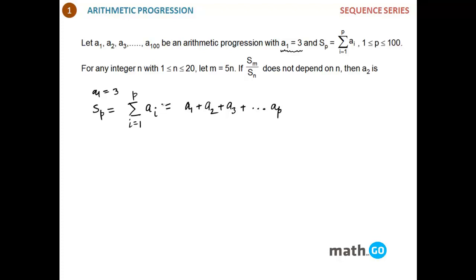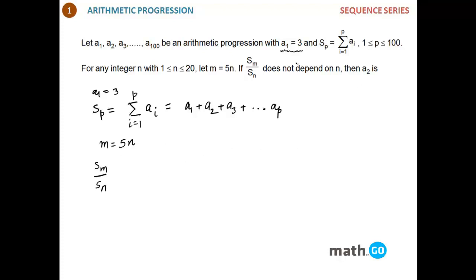That's it. So p is anything between 1 to 100. For any integer n between 1 to 20, let m be given as m is 5n, right? And we need to find the value of A2 if Sm by Sn does not depend on n. So what do you mean by Sm by Sn?